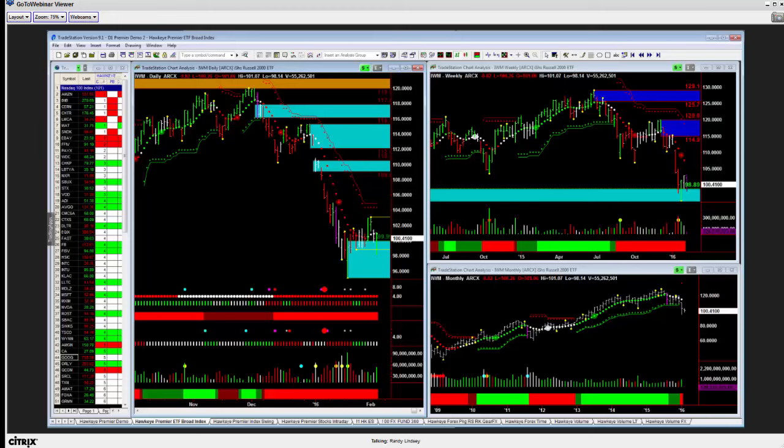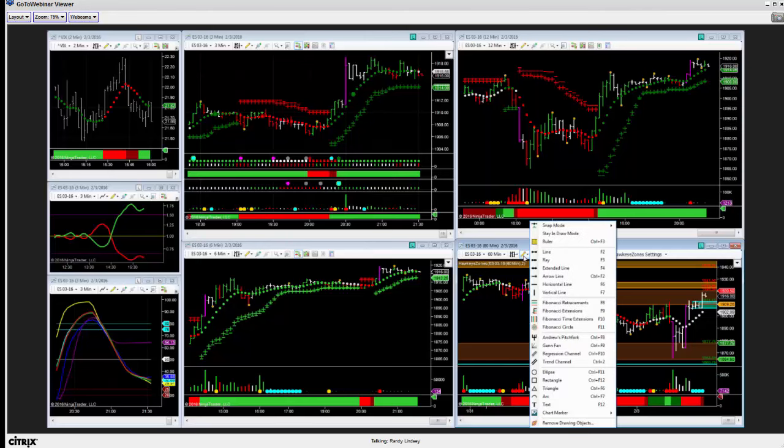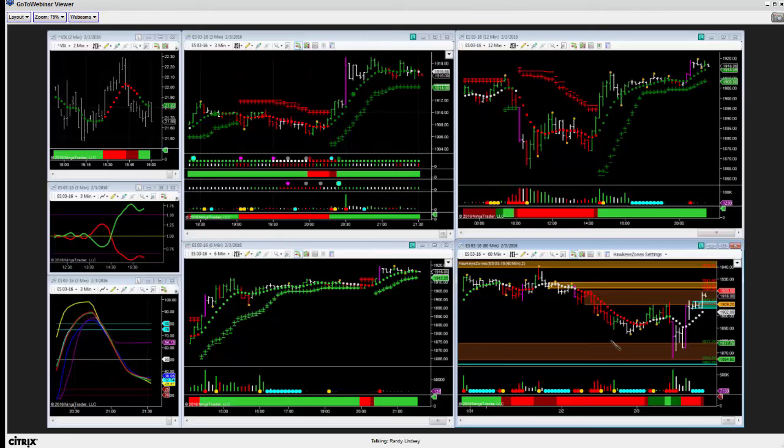Do zones from higher time frames paint on the lower time frames? Nope, you have to have a separate chart for those. On NinjaTrader, if you use NinjaTrader, then you can overlay a chart. So if you draw a rectangle, you can make the rectangle actually multiple time frames.